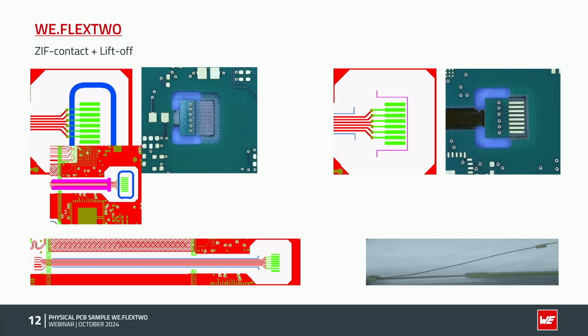The reason for this solution is that creating the SIF connector on the inner layer will show some problems in production. During the layup, if you remember the stack-up, we have prepregs, and prepreg is brittle in this state before lamination.